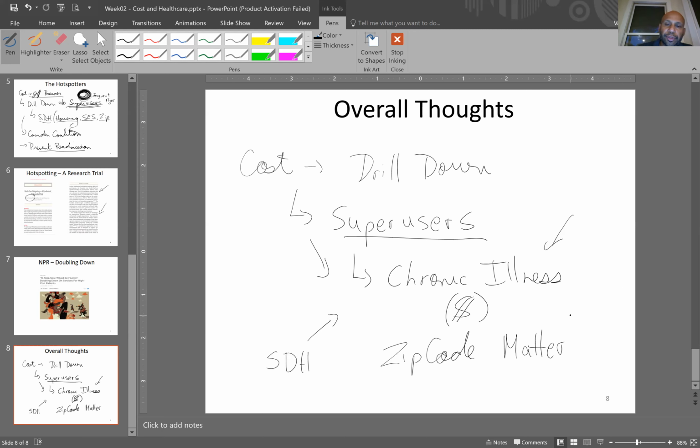And so these two things combined, in terms of chronic illness and a focus on, let's say, social determinants of health and zip code, have the potential to impact the cost of care more than anything else. And some of them are controllable and some of them are not.